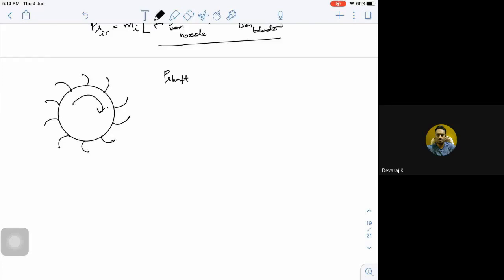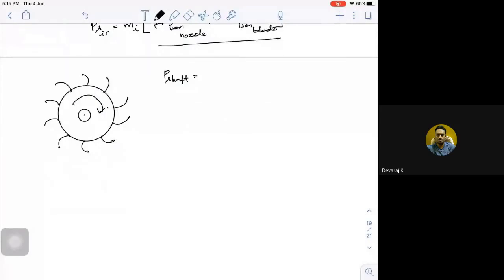The shaft power is what is available at this shaft, at the center or axis, but there are some losses occurring because of friction or maybe because of partial admission. So we have some kind of losses.